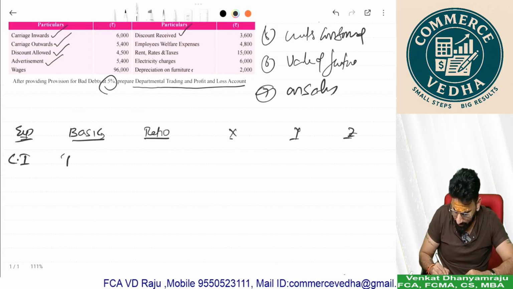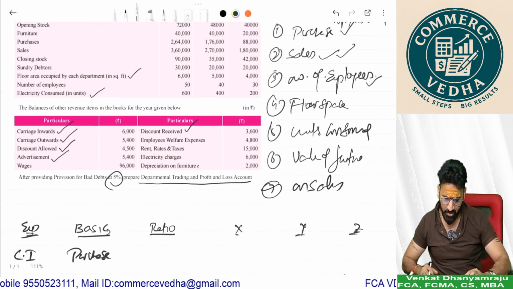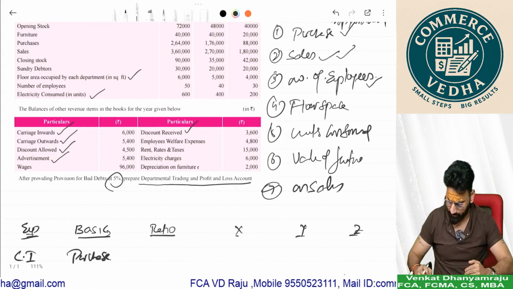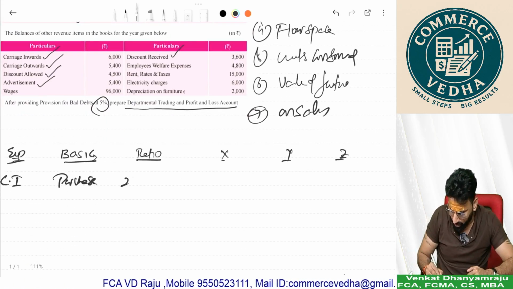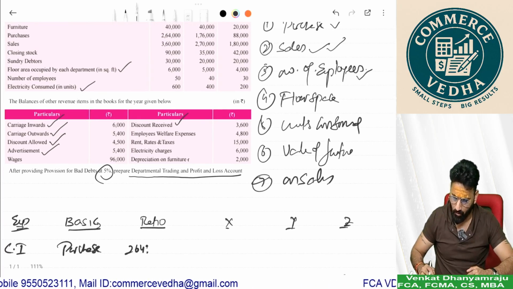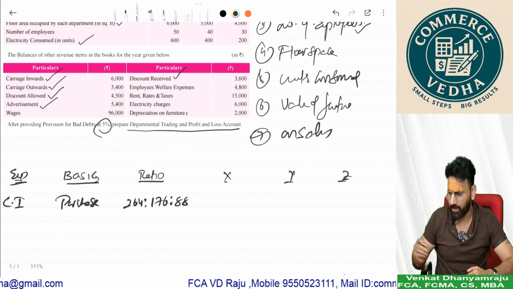What is the basis? Purchases. And what are the purchases? 264 is to 176 is to 88. So the purchases are in the ratio of 264 is to 176 is to 88.